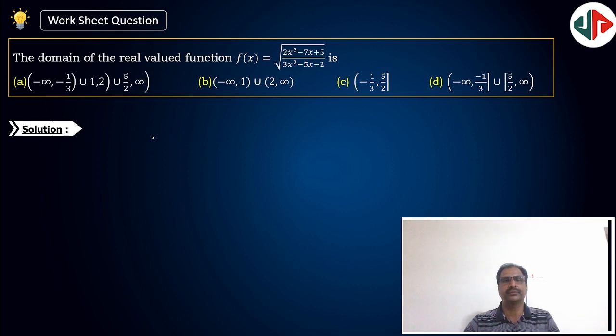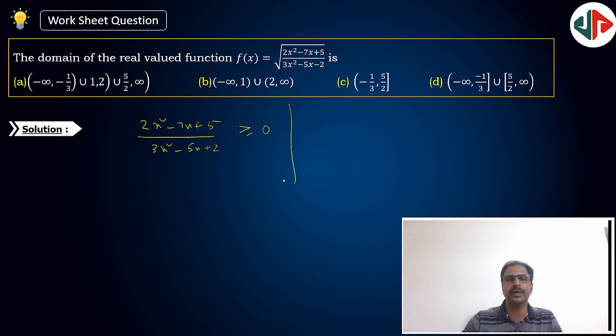Next, the domain of real valued function f of x is equal to under root. First, the function inside the root should be greater than or equal to 0 and denominator should not be 0.